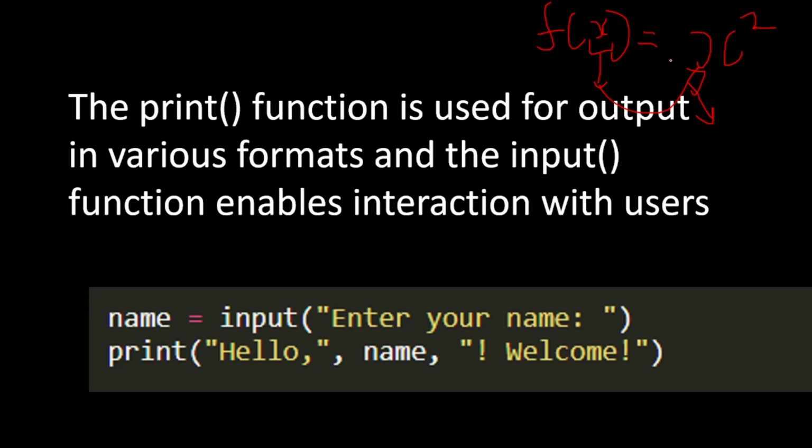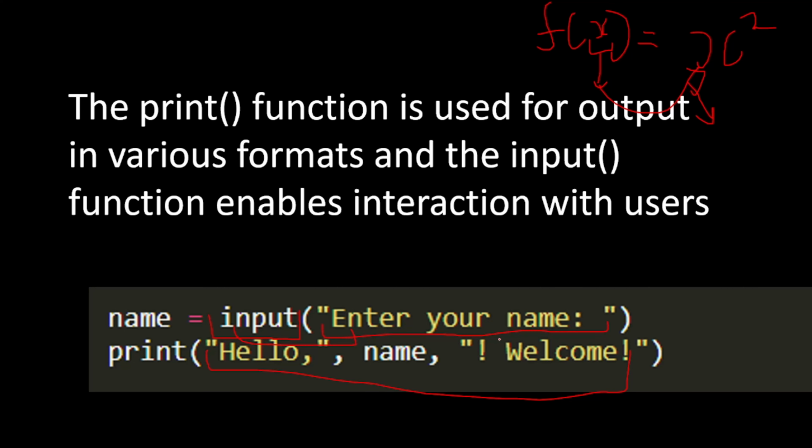This is a function in math, and this is a function in Python. You can write whatever you want and it will show up in the terminal. If you want an input, we use the input function. It's not a keyword, it's a function. We are just displaying the information about what you need to enter.